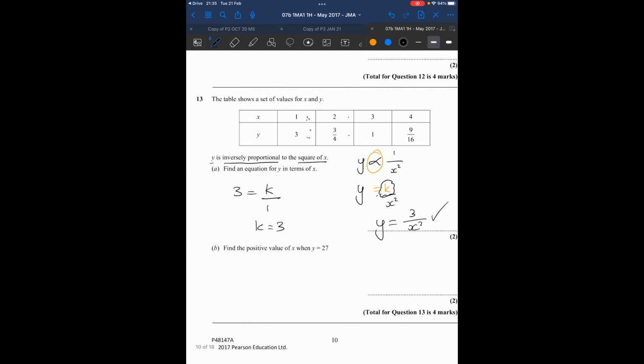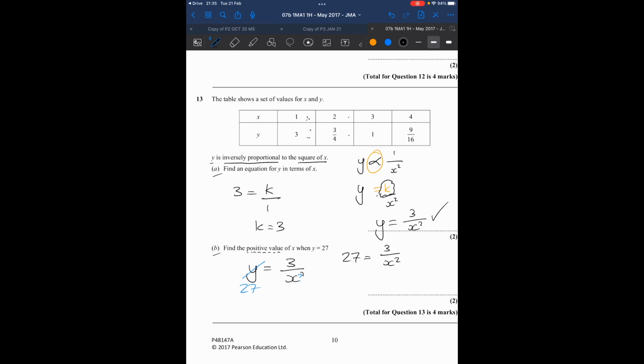Find the positive value, that's a bit suspicious, let's look out for that, of x when y is 27. So that was A, this is B, so it could be connected, it's the same equation. So I'm going to use this equation that we just worked out. And what is x when y is 27? Okay, so 27 is equal to 3 divided by something squared.